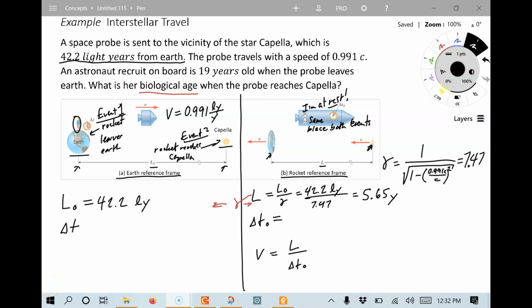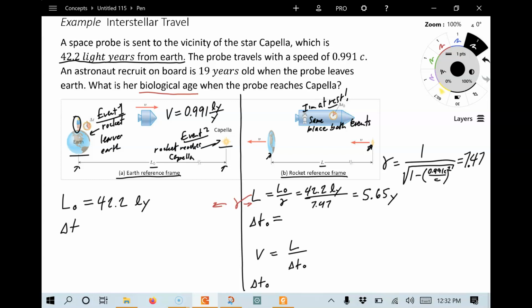So now we can solve for the time, delta t0, from the simple constant speed equation. That's going to be length divided by speed. Again, I'm only using the length and time intervals for the rocket reference frame.